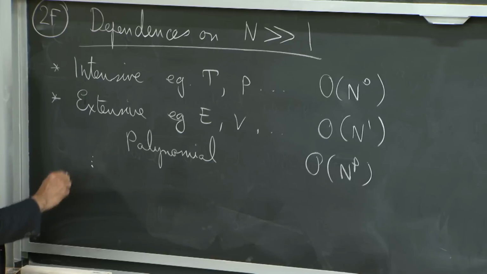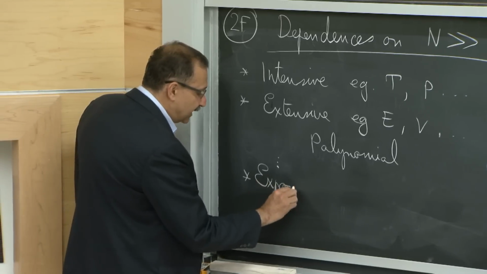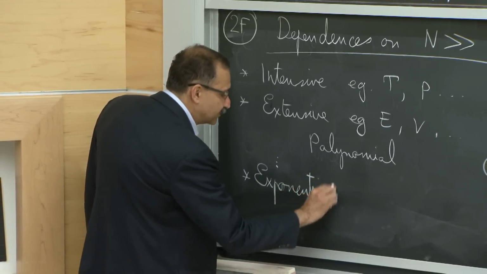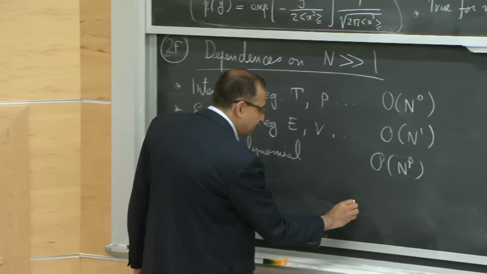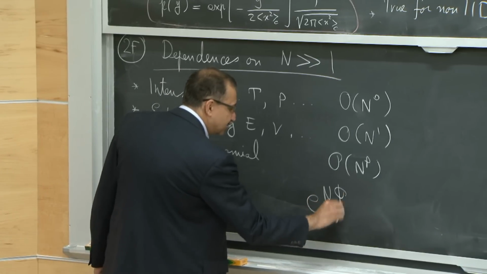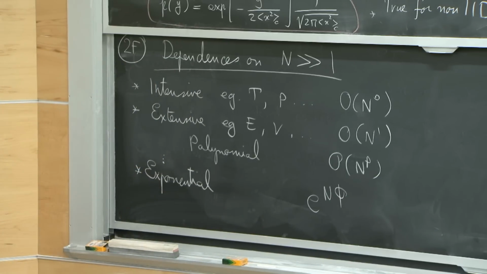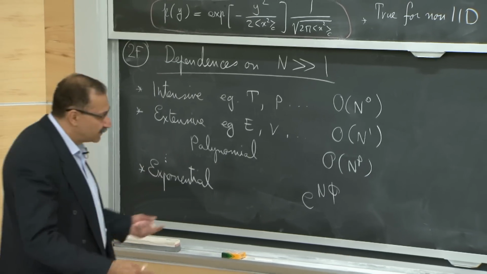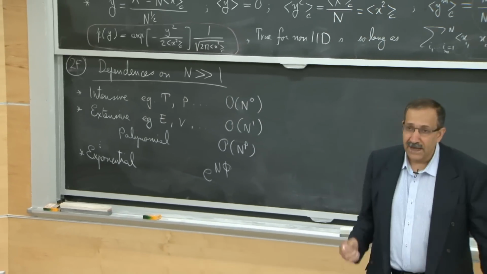But most importantly, when we deal with statistical physics, we will encounter quantities that have exponential dependence. That is, they will be something like e to the n with something up there. An example of that is when we were calculating the phase space of gas particles.